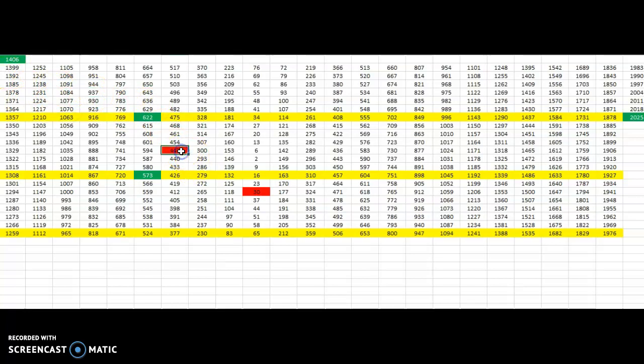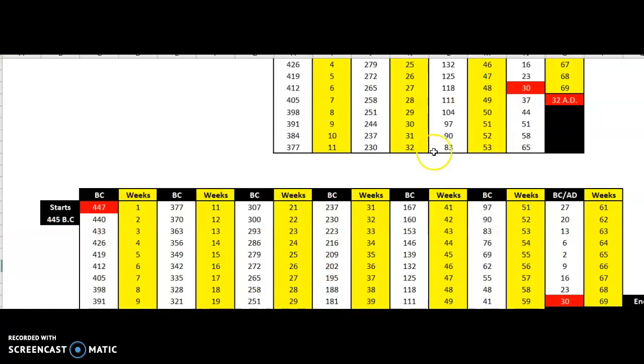So what you see here is there's an even number of years between here and here, and you'll find that there's 69, and I'll show you that. But you have 445 BC, 2 years after the start of that period of 7, to 32 AD, which is 2 years after the start of that period of 7. And that's what is being shown here.